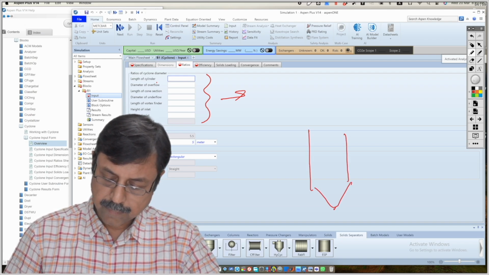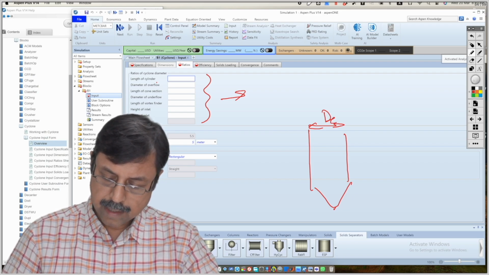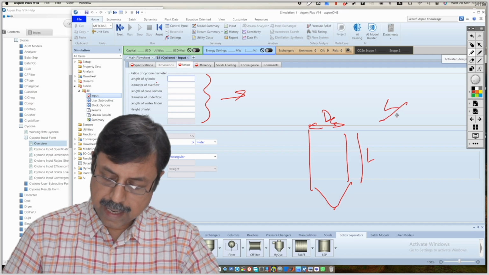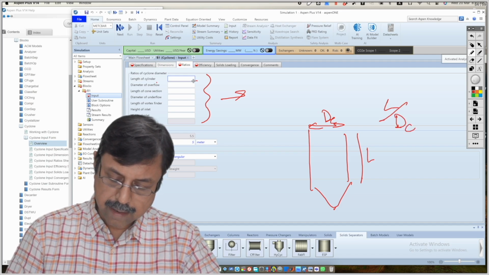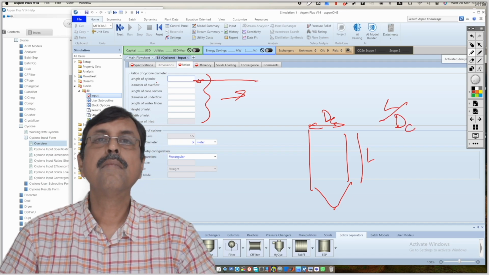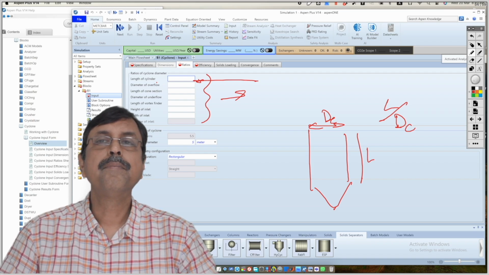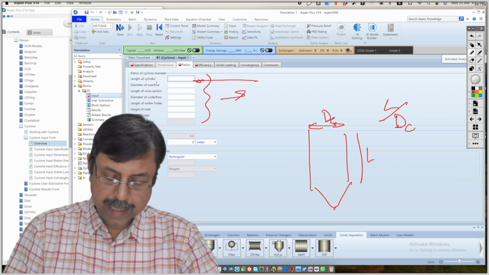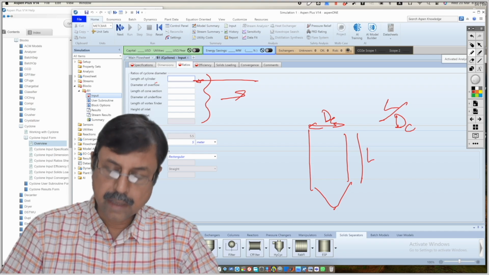Suppose this is the cyclone diameter. Okay. Then length, say this is L. You have to provide the data L by DC and write that data over here. So you do not have to give length of cylinder, rather you have to give L by DC.